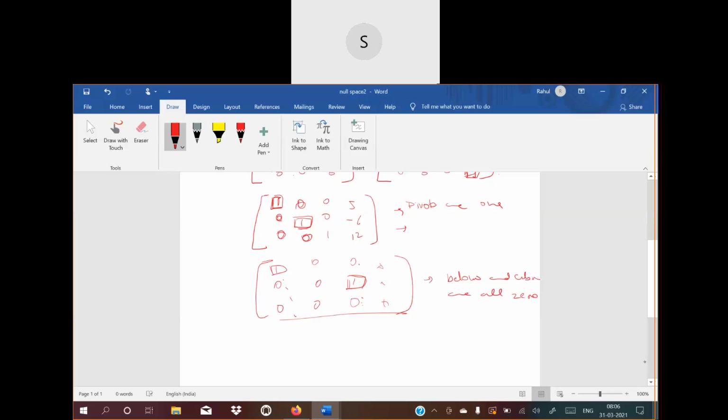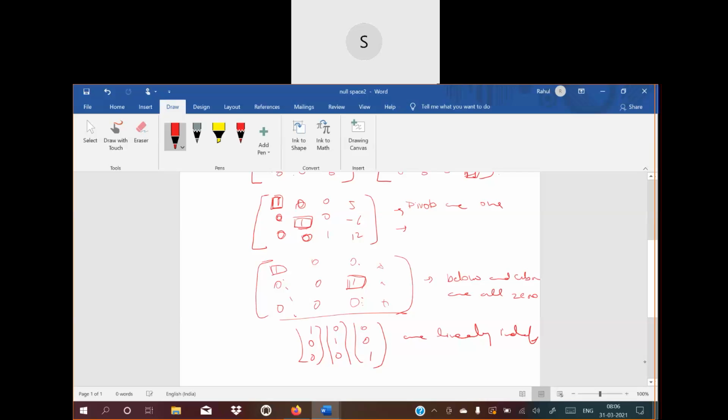Now if you see this form in the reduced row echelon form, these are unit vectors. They will always be of this form. In previous lectures we learned that all unit vectors are linearly independent.